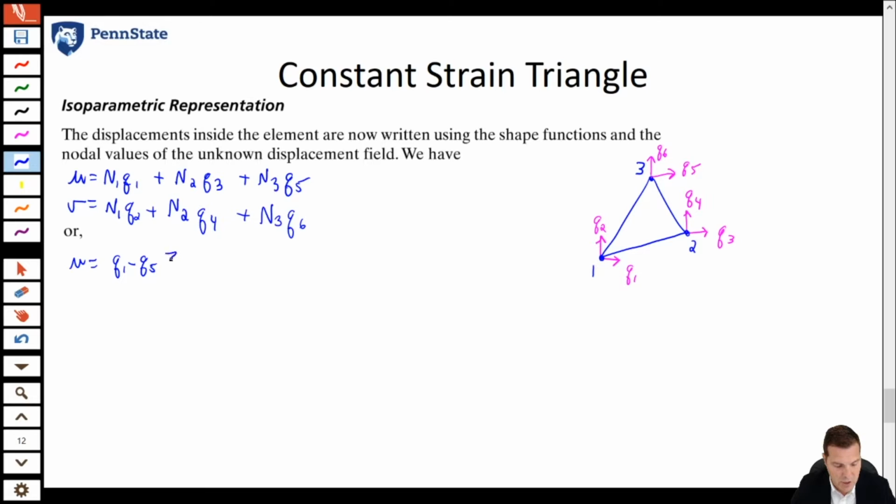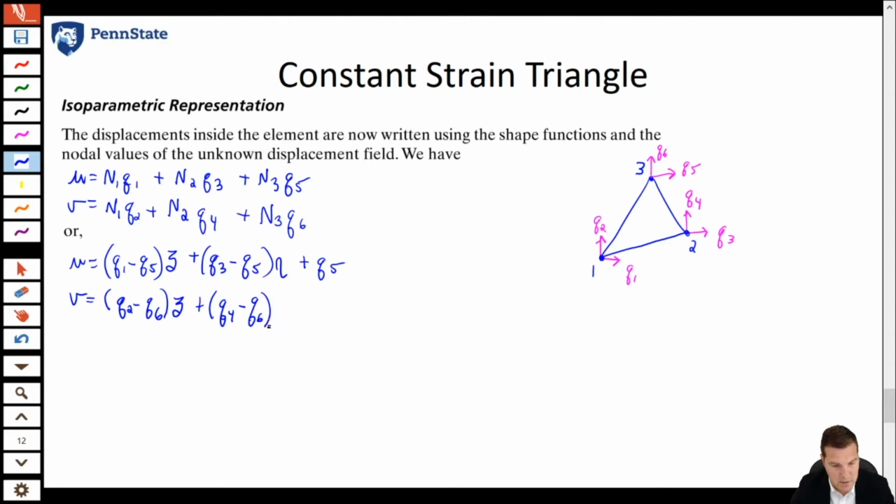After rearranging, U is Q1 minus Q5 psi plus Q3 minus Q5 eta plus Q5. V similarly is going to be equal to Q2 minus Q6 psi plus Q4 minus Q6 eta plus Q6.